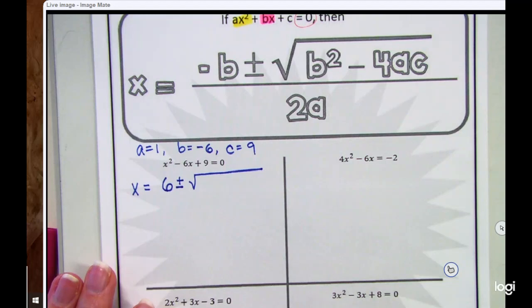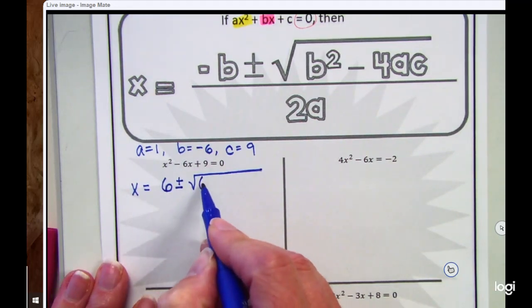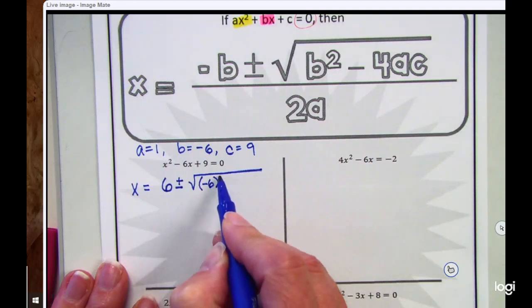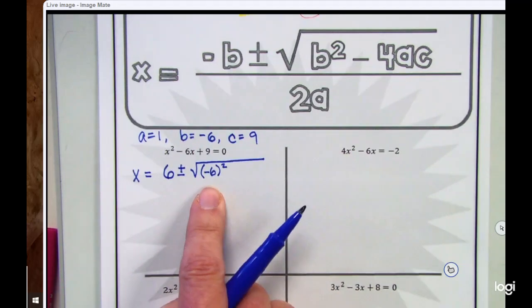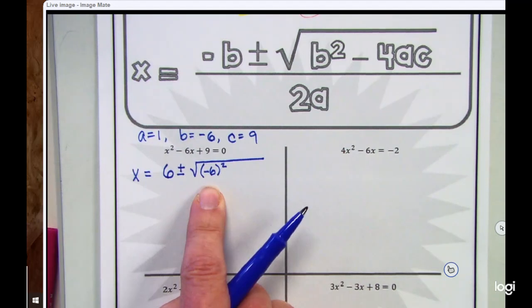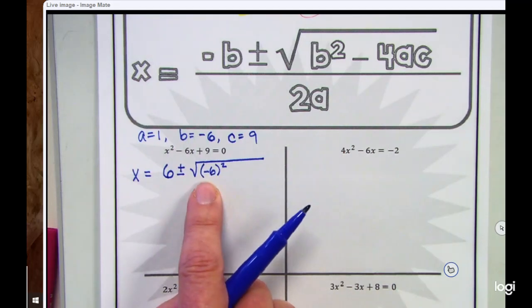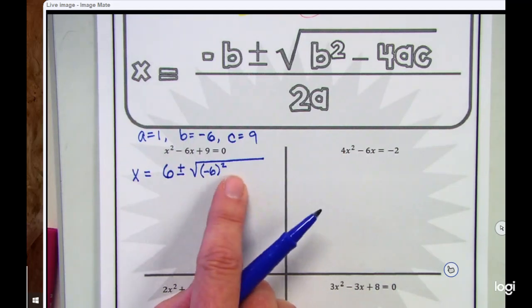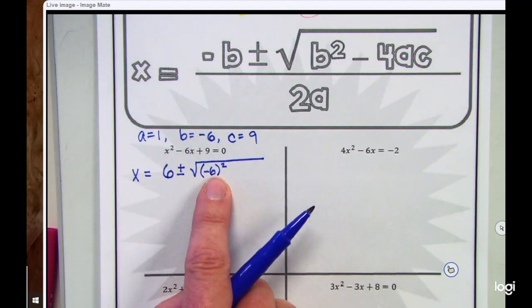Now this is really, really important. The b squared, when you're using your calculator, if you don't have that in parentheses, you could get it wrong. Okay? I want to square the negative as well, not just the 6. So whatever we're squaring needs to be in parentheses.